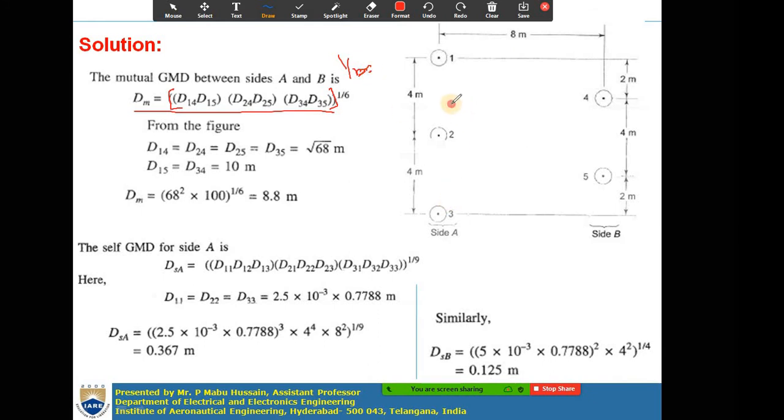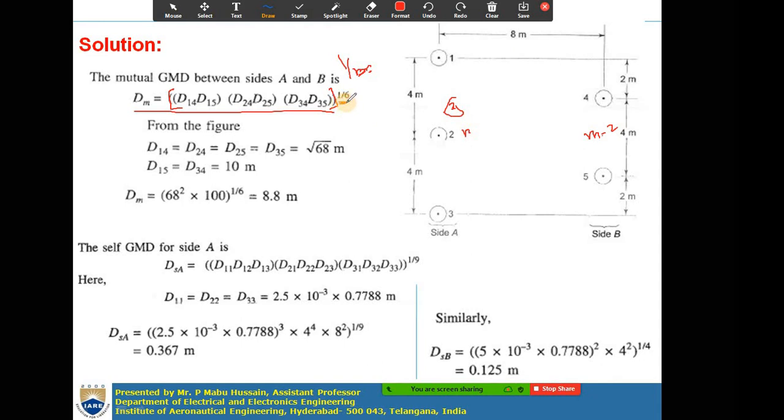Here one conductor has 3 strands and the other has 2. So, let us assume n is equal to 3, m is equal to 2. So, mn is 6, and the power will be 1 by 6.